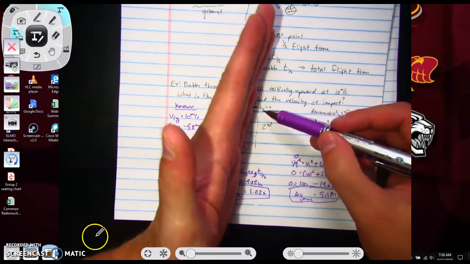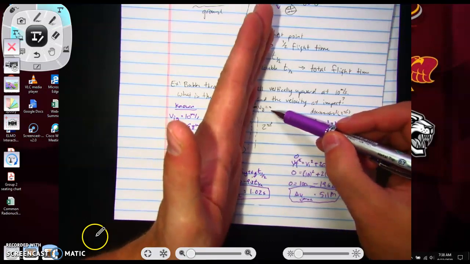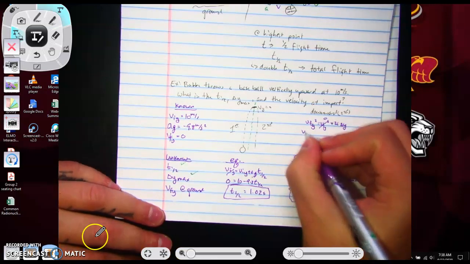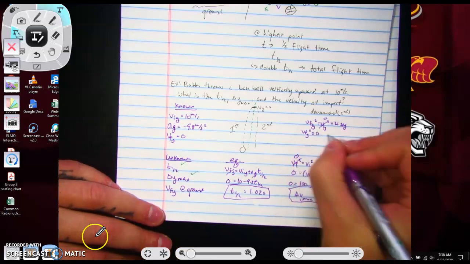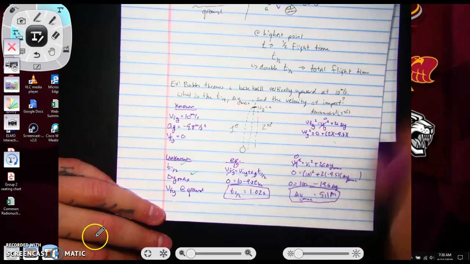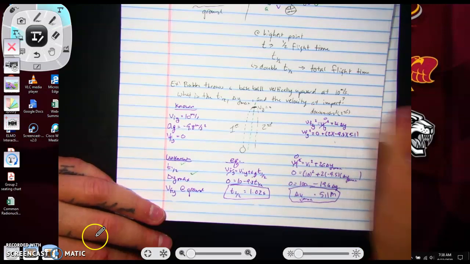Well, if I started up here, velocity initial now is 0. So I have V final Y squared equals 0 plus 2 times negative 9.8 times my height, 5.1.